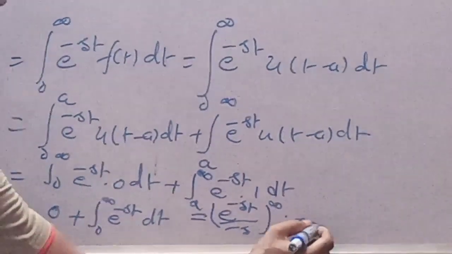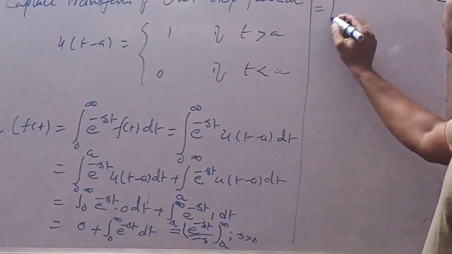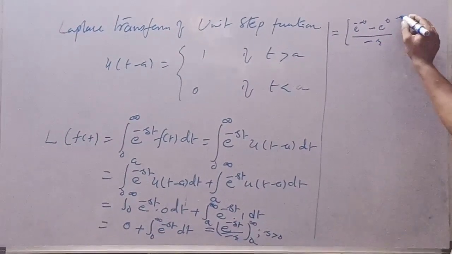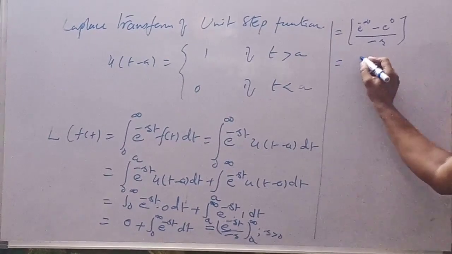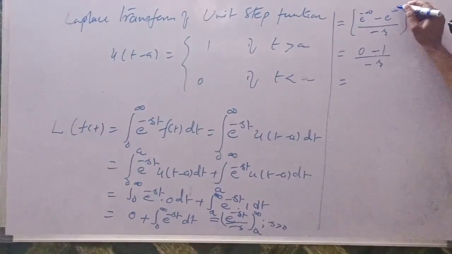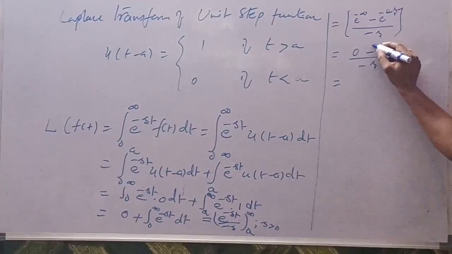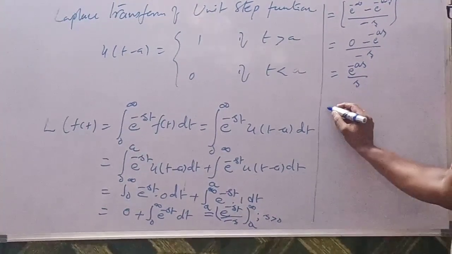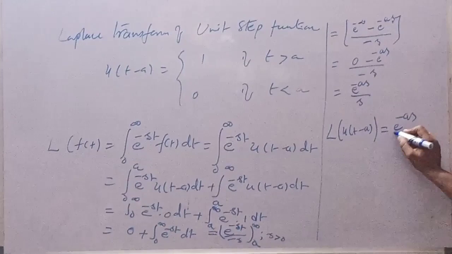Here s is greater than 0, so as t tends to infinity, minus st tends to minus infinity and e to the power of minus infinity is 0. So 0 minus e to the power of minus as, by minus s, equals e to the power of minus as by s. Laplace transformation of the unit step function u of t minus a equals e to the power of minus as by s.